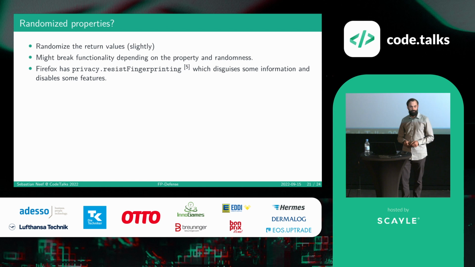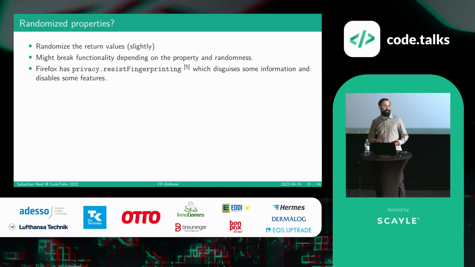Randomized properties. This is the idea: maybe the time zone or the time functions could add some jitter, or the WebGL canvas could add some randomization to the rendering, like the red and blue text, so it's a little bit different in every call, which will break some fingerprinting scripts.